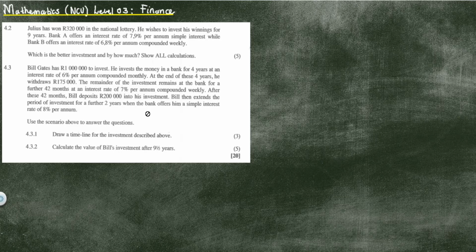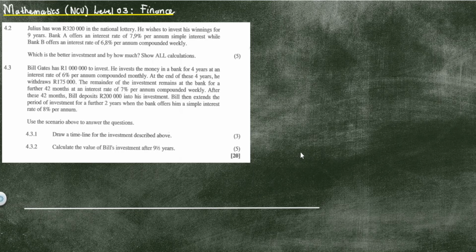After reading it several times, start unpacking what is being said here. And what's the better way to do that? It's through a timeline. So for 4.3.1, let's draw a timeline for the investment described above.